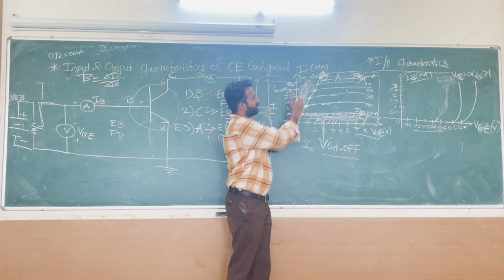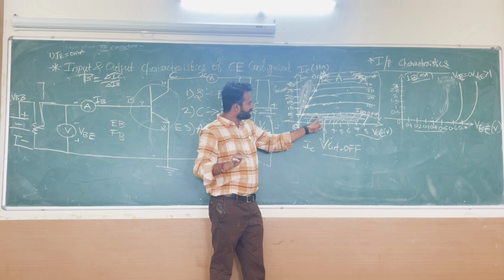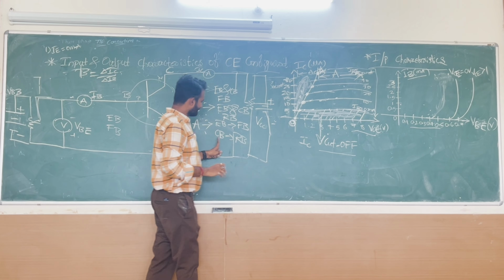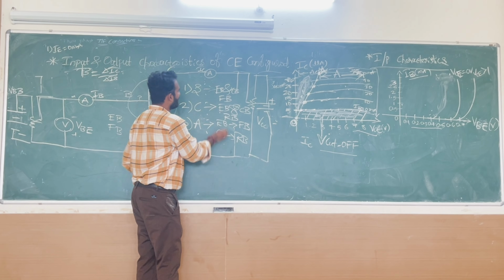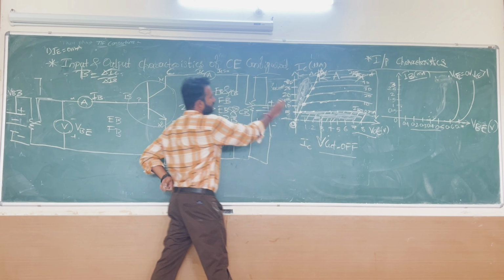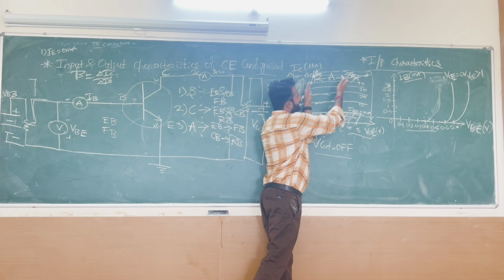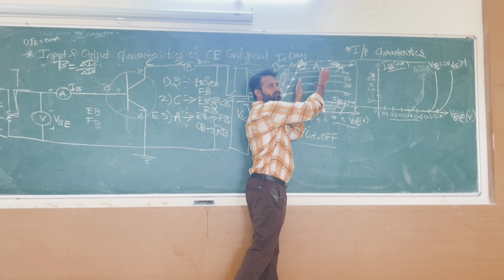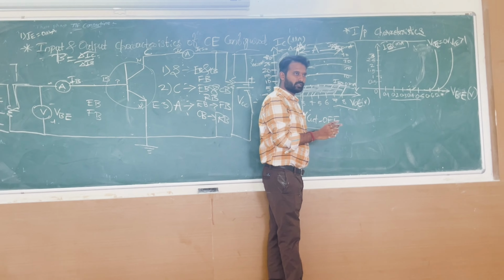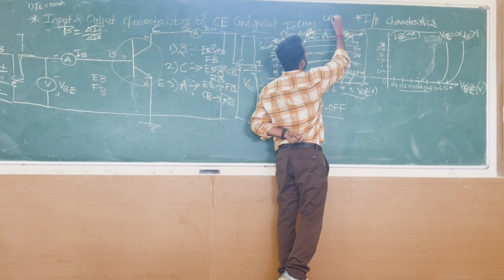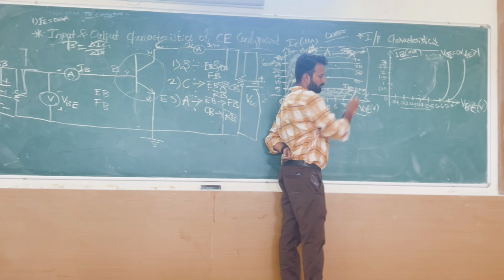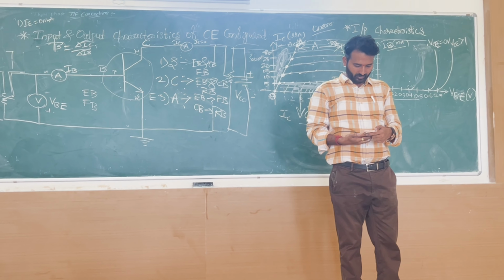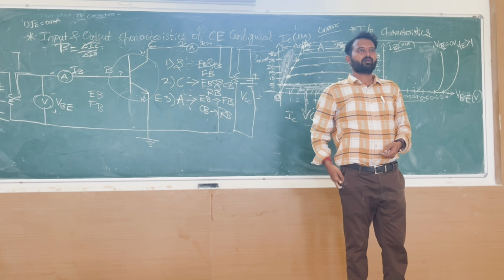If CB is reverse bias, I don't have a collector current. The central, middle portion of this graph is called the active region. One more name is the linear region.